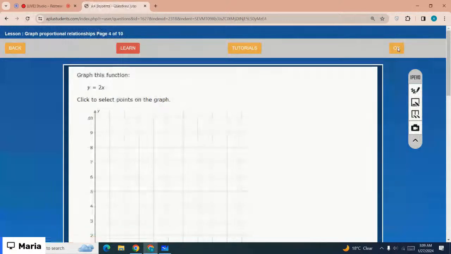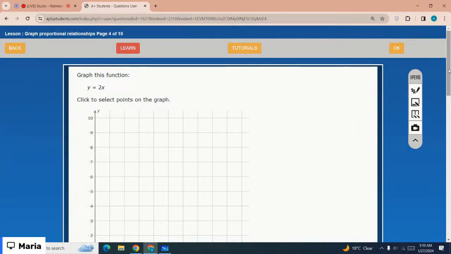The next one is graph this function. y equals 2x.